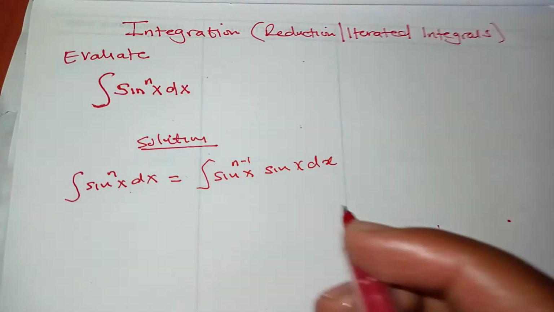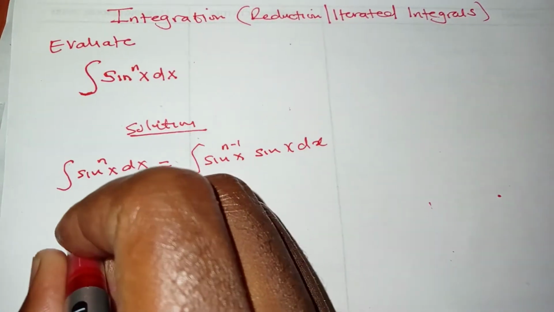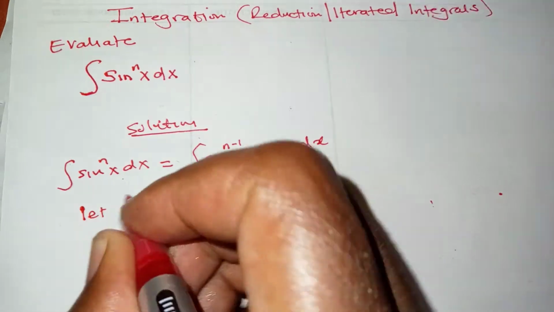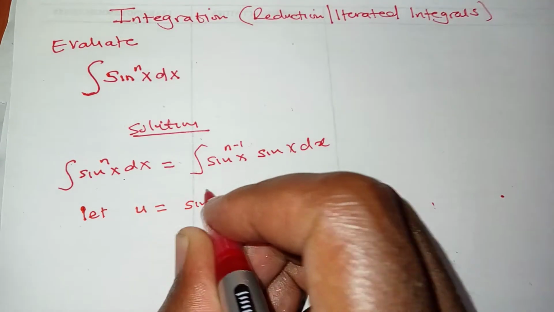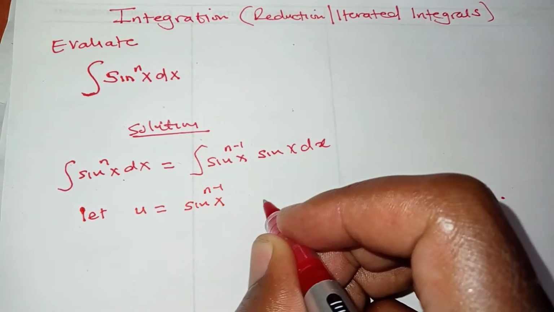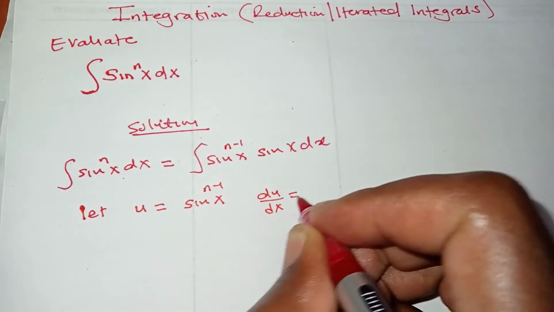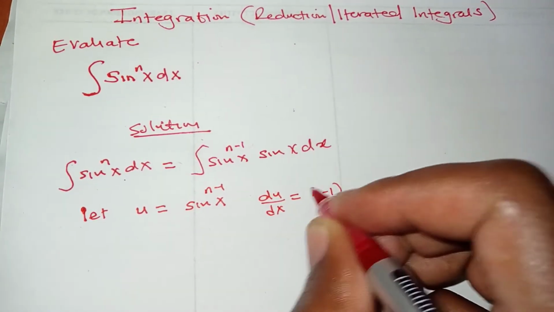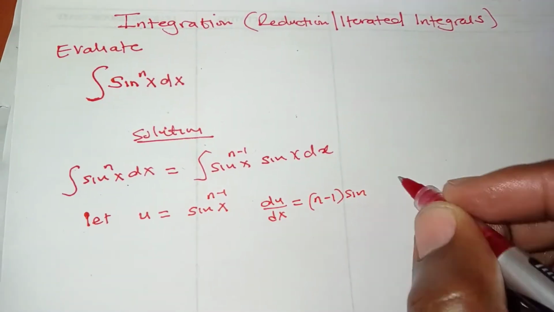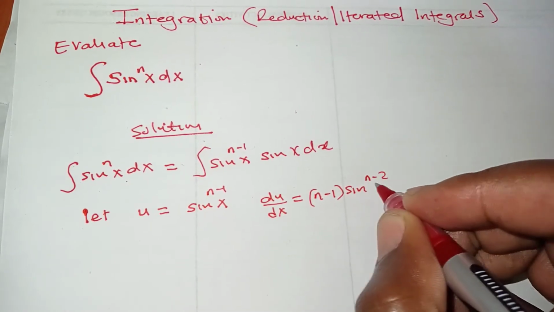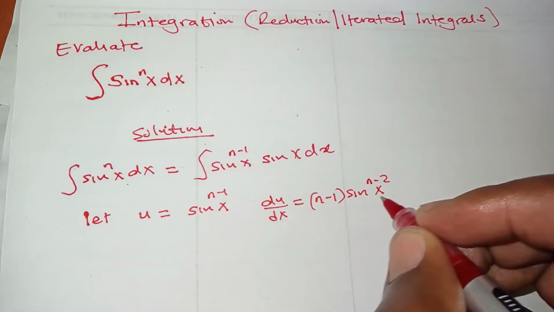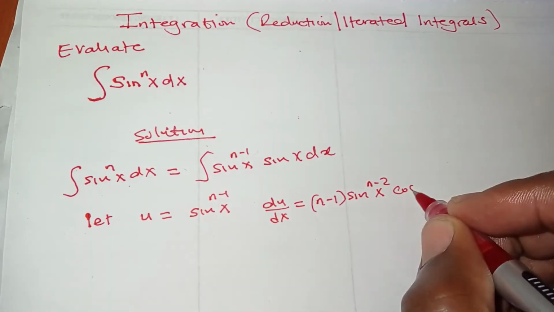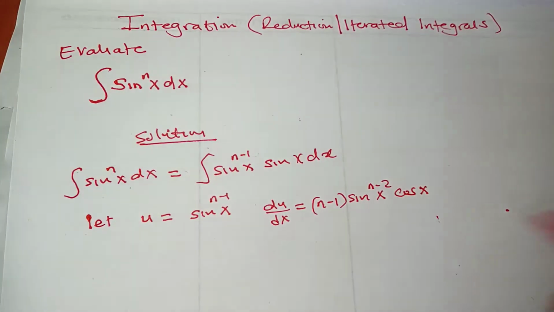That's cool. Now the reason I want to invoke that trick is simply because I want to use integration by parts here, and I want to let my u be sine of x to the power of n minus 1, and so du over dx is n minus 1 times sine of x to the power of n minus 2, then we differentiate sine, we get cosine of x, right?